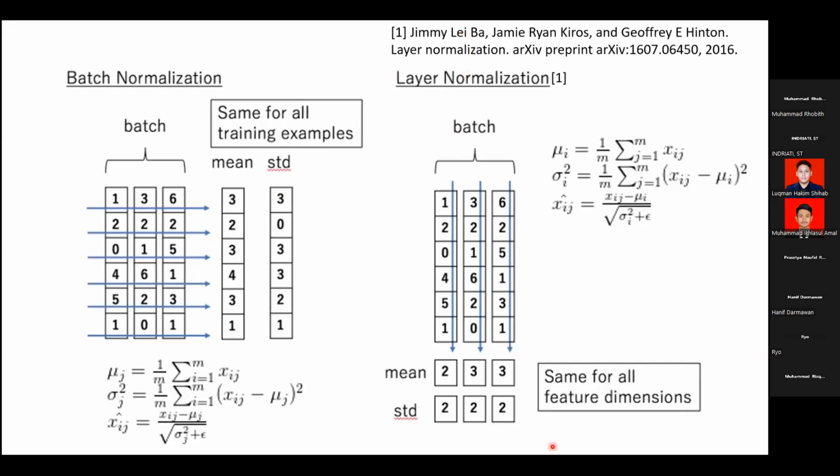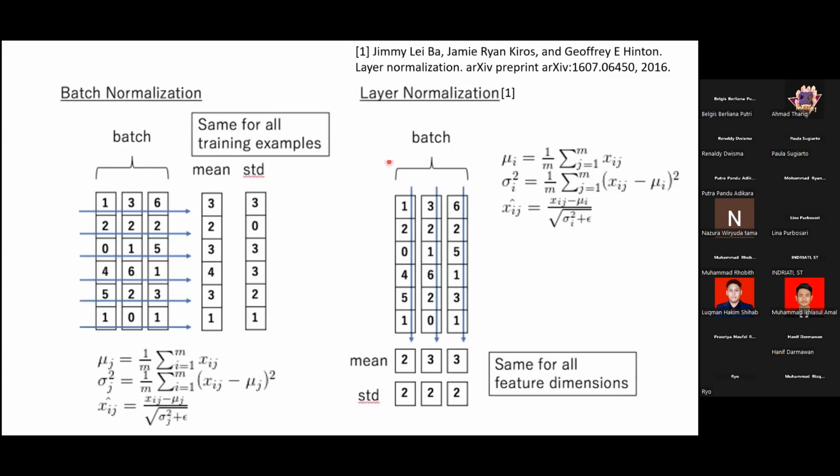On the right-hand side, we have another kind of normalization called layer normalization. It focuses on normalizing values in the same vector. So as shown in the right-hand side, for the first vector, the mean is 2, and the standard deviation is 2.